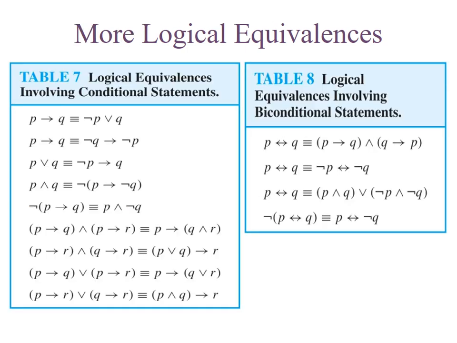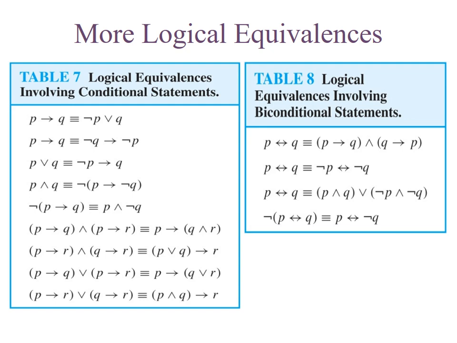Okay, next we have more logical equivalences for conditional statements and biconditional statements. Actually, you may know some of them, and maybe you can infer the others by yourself. For example, we have mentioned this, right?